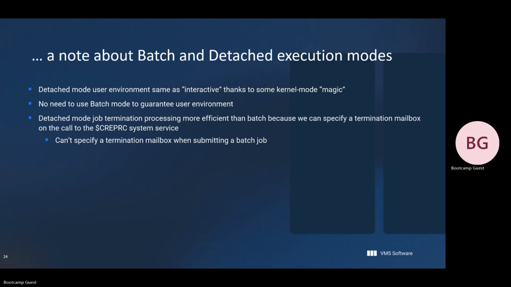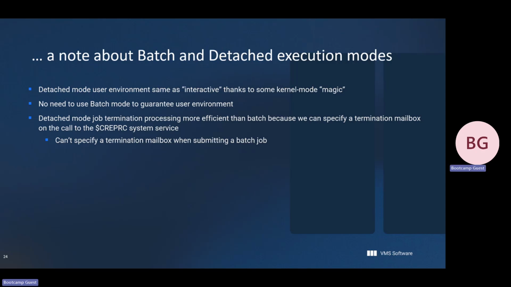So in-job processing is so much more efficient when you use detach. The reason I find most people use batch is because they're unaware of this kernel mode magic. Most people think, oh, I've got to submit this under a separate username to make sure it runs right. Yes, exactly. Any questions?